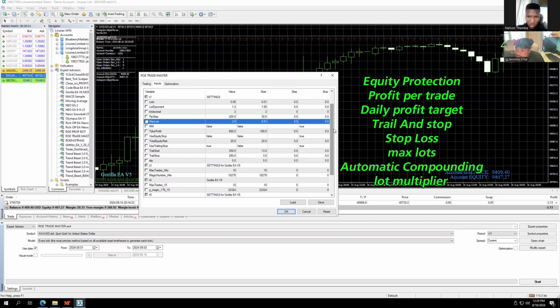If it breaks out of the qualifications for support and resistance or range trading, it will just stop trading that strategy and trade the other strategy.